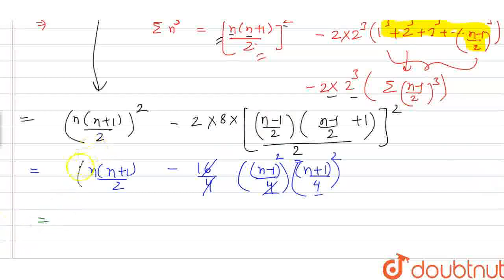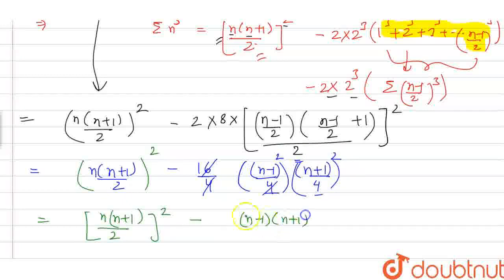We can write this as whole square, right? So we can write this as n(n+1) divided by 2 raised to the power 2, and this is minus (n−1) square into (n+1) square, right? So (n−1)(n+1) whole square, divided by 4.